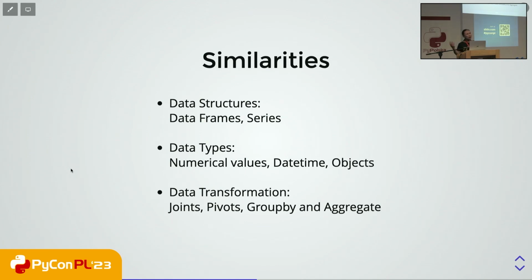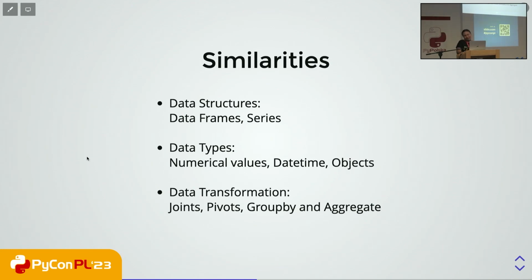And objects: who knows what object is when you have a Pandas data frame and the column is object type? Shout. No guess. Yes? Strings, yes, it's text, it's strings. So Polars also has object types, and you can guess it's probably strings.